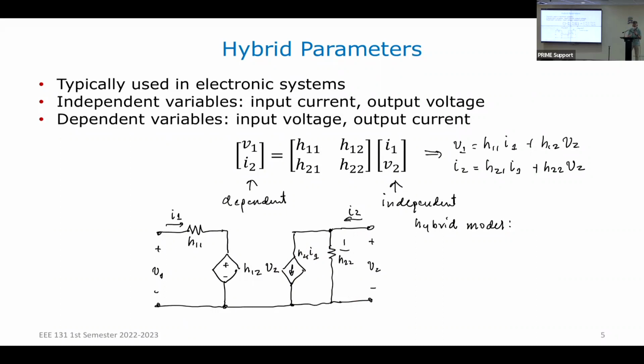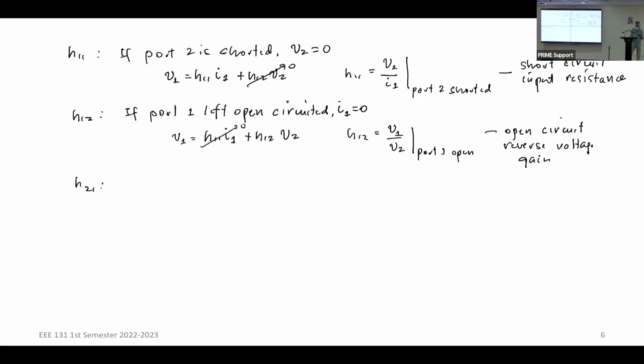No, that's not the way, no? If I short V2, then I2 is just going to be H21 I1. Okay. If again, no, if port 2 is shorted, that is V2 is equal to 0.